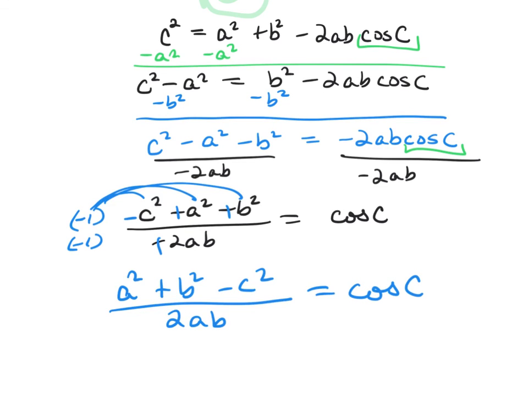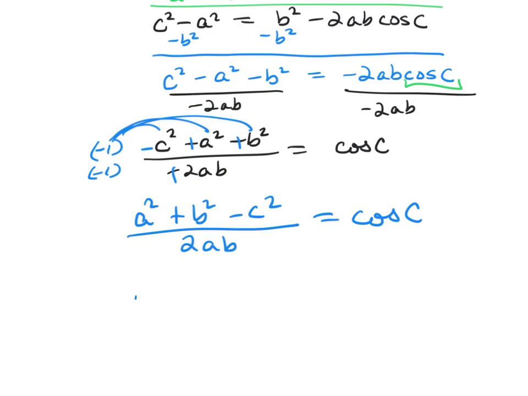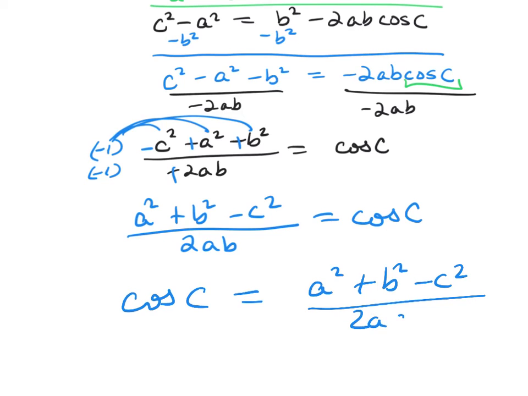Now it's a little bit easier, because to find cosine c, if I already have this done ahead of time, I could just key in a squared plus b squared minus c squared and then divide that by 2 times a times b. Definitely put parentheses, though.